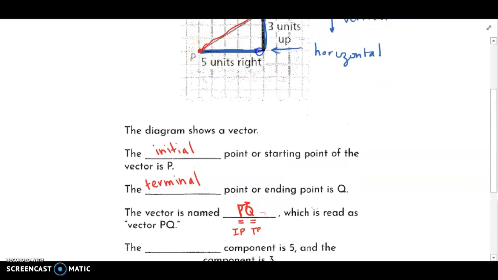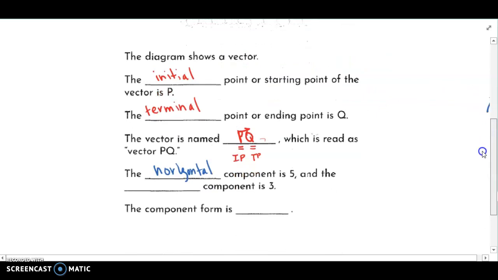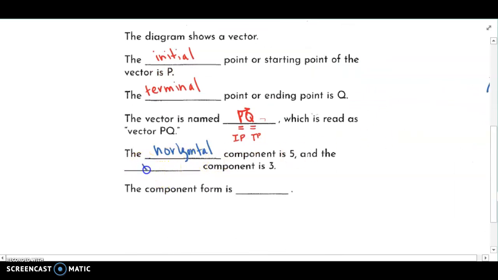So this is moving horizontally 5 units. So we'd call it the horizontal component is 5. And the vertical component, which is up and down, is 3 units. So the vertical component is 3.